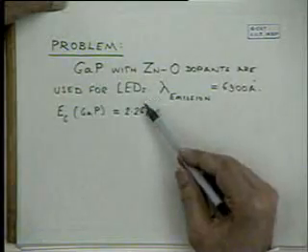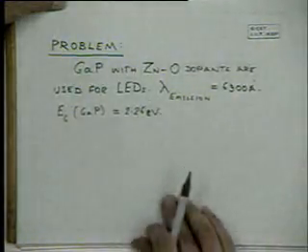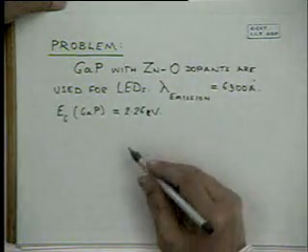Today I'll start off working out a simple problem on LEDs. The problem is that, as I mentioned before, gallium phosphide with zinc and oxygen dopants is very commonly used for red emission at 6,900 angstroms. We know the band gap of gallium phosphide.